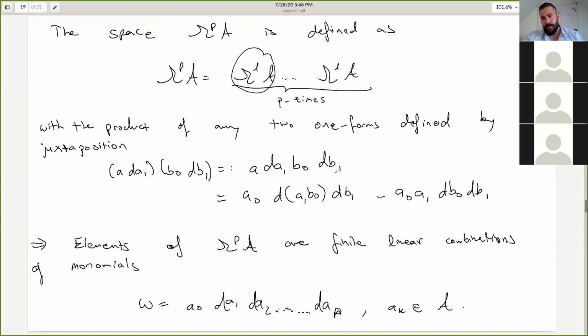Then you pull out the d, so you have d(a1 b0) d b1, and then you subtract from that the remaining term via the Leibniz rule, and then you end up with something that has two d's to the right, and thus it is called a 2 form. And you can define P forms basically by doing the same thing, right?